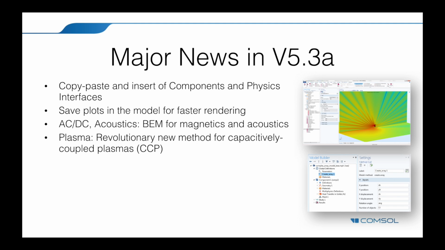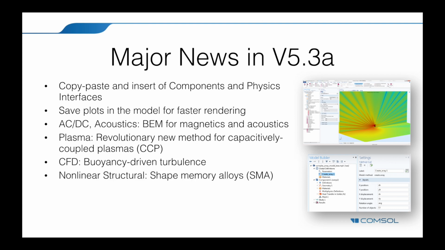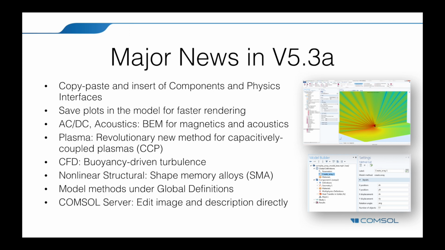Plasma is important for semiconductor manufacturing, and later you will see why we call it a revolutionary method. There is buoyancy-driven turbulence in the CFD and also Heat Transfer Module, and the big update for the Structural Mechanics Module is the shape memory alloys. Now it's available to define these kinds of physics. There are many updates to the global definitions and to the COMSOL server as well.